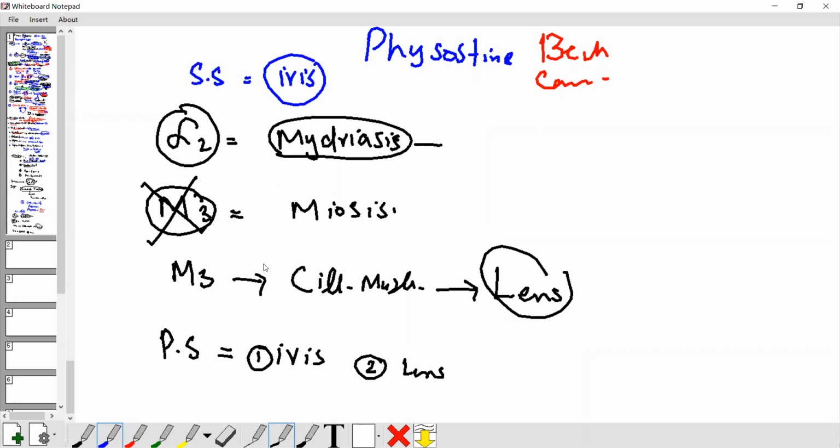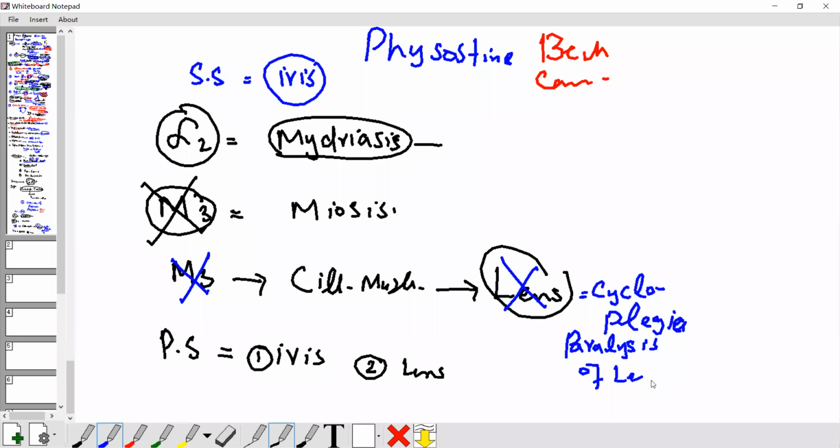If you block this, the lens is also paralyzed. That effect is known as cycloplegia. What does cycloplegia mean? Cycloplegia means paralysis of the eye lens, meaning the lens is not able to change according to light.